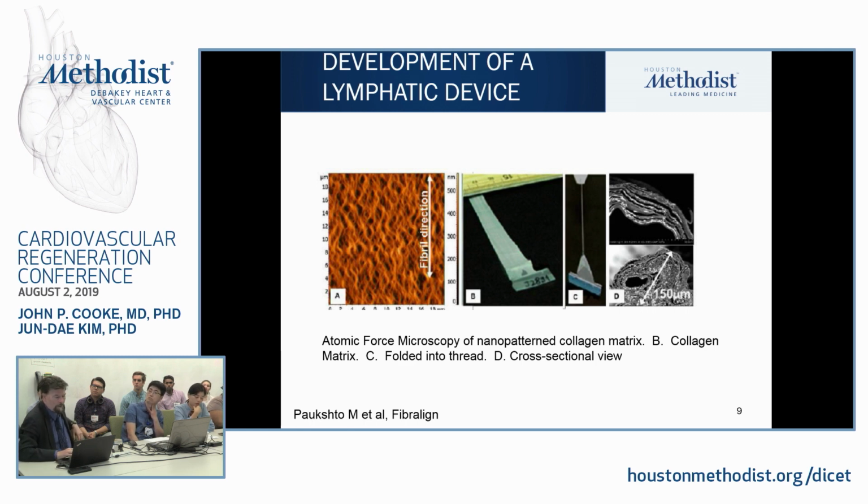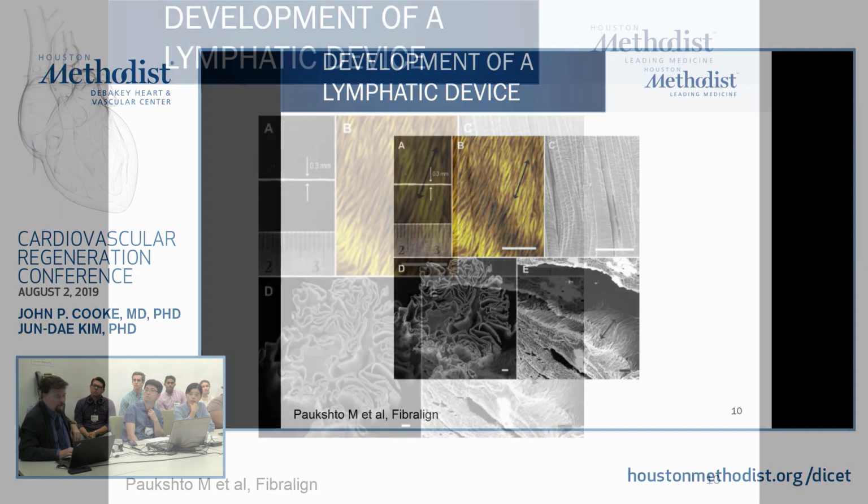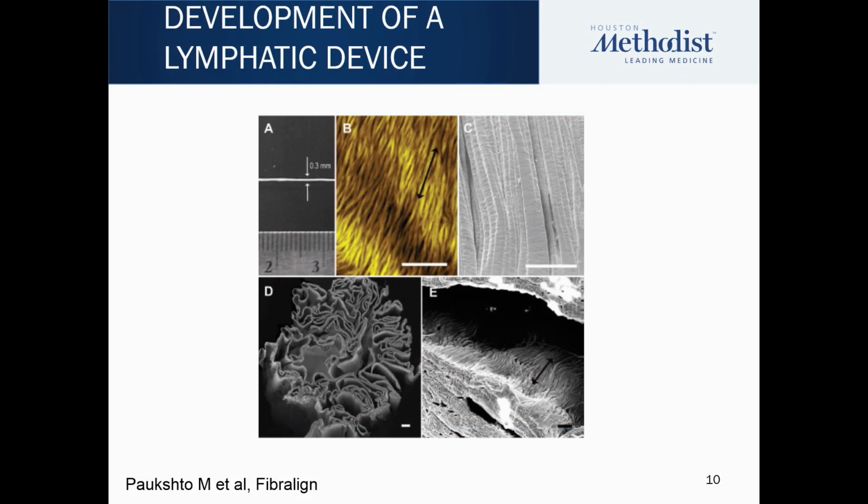And what these threads are, basically, this nanopatterned collagen matrix is wrapped tightly to form these threads. And here's another view of those threads, a cross-sectional view. They have a lot of internal structure, but the cells are growing on the outside. And as I'll show you, endothelial cells actually love this matrix.